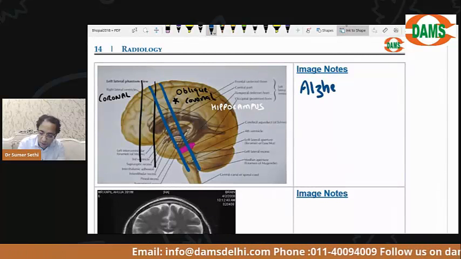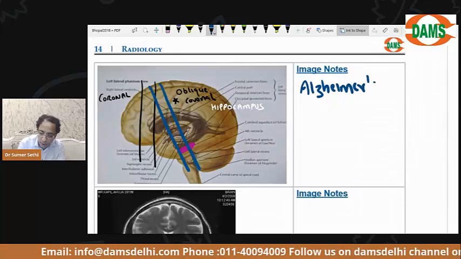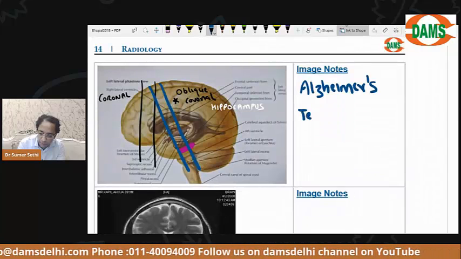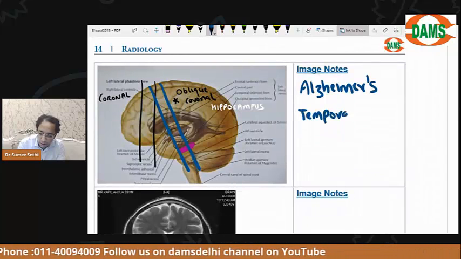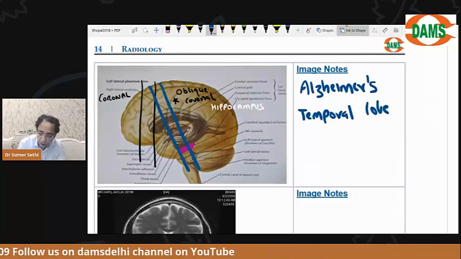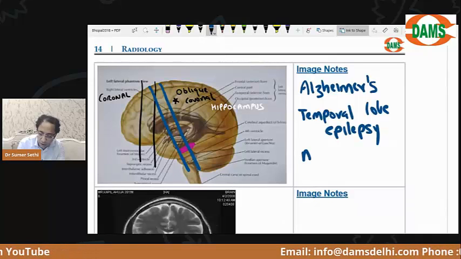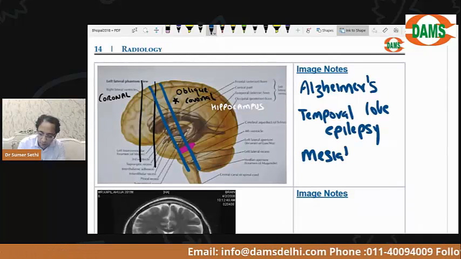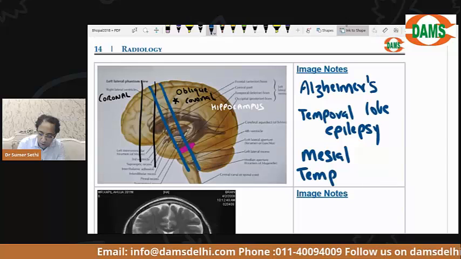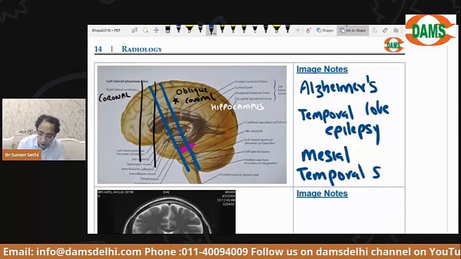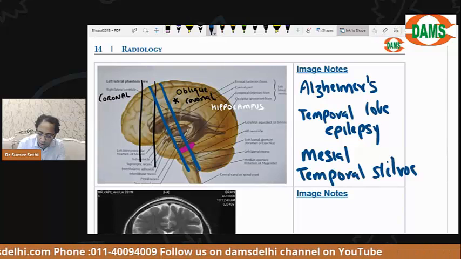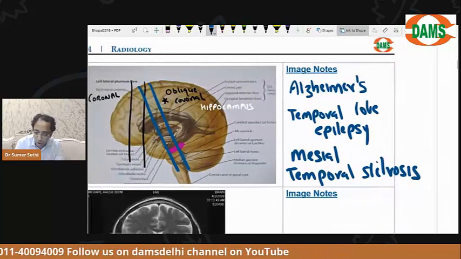In patients with suspected Alzheimer's dementia or temporal lobe epilepsy, which is written as mesial temporal sclerosis, what section of the brain do we do?